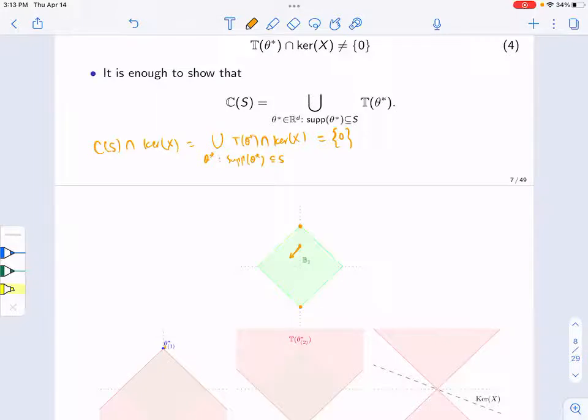As long as it's parallel to those lines, parallel to those lines, maybe something like that. So how about this? Why can I not have something like this?